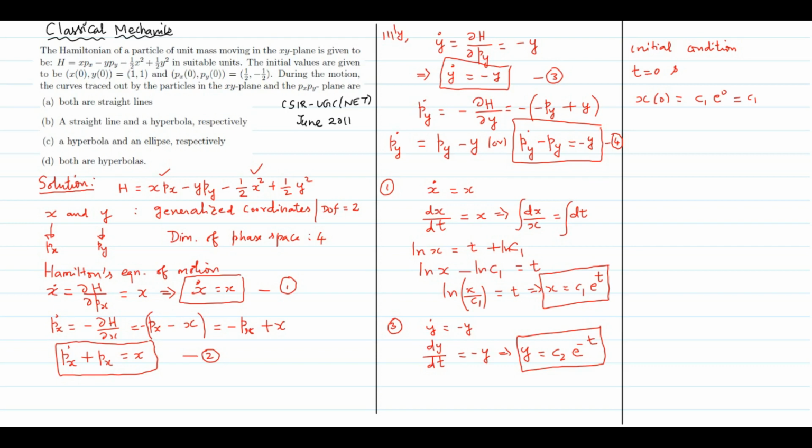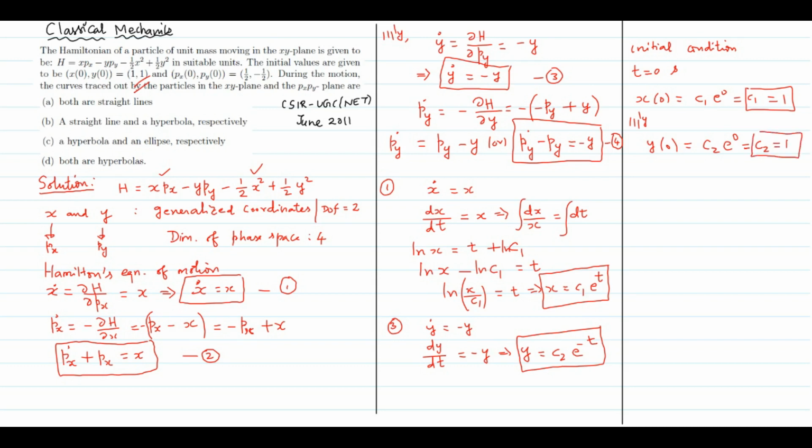Now x(0) is equal to 1, therefore c1 is equal to 1. Similarly, y(0) is equal to c2 times e power 0, when I put t = 0. So this is equal to c2. Now as given in the problem, y(0) is also 1, so therefore c2 is equal to 1.